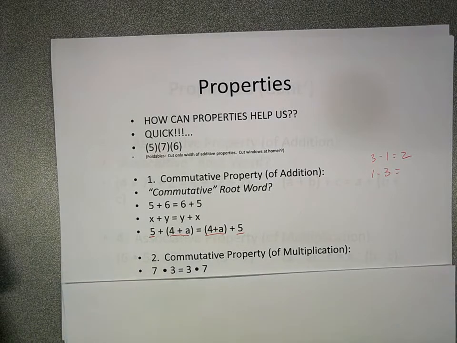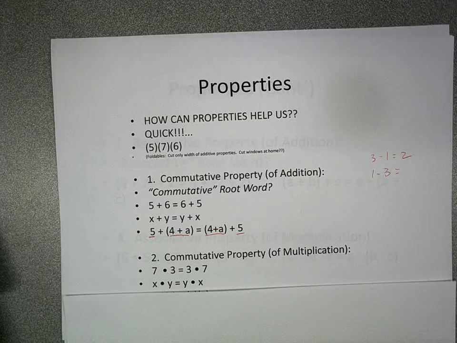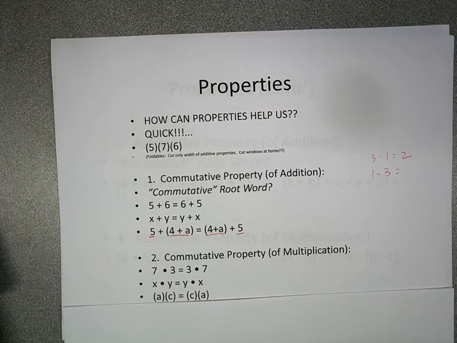So let's go on to an algebraic form of this. x times y is equal to y times x. Okay, and I don't want this to confuse you, so that's why I'm putting it here. Instead of the multiplication dot, you can have parentheses. That still says a times c is equal to c times a.